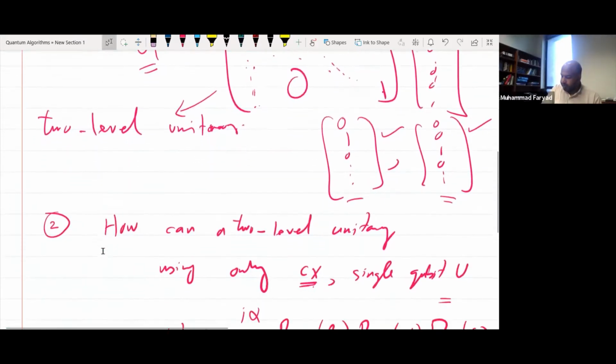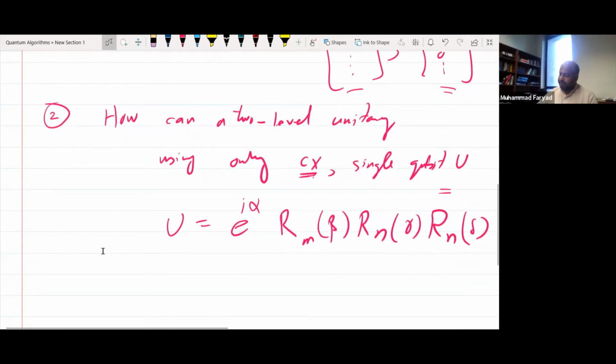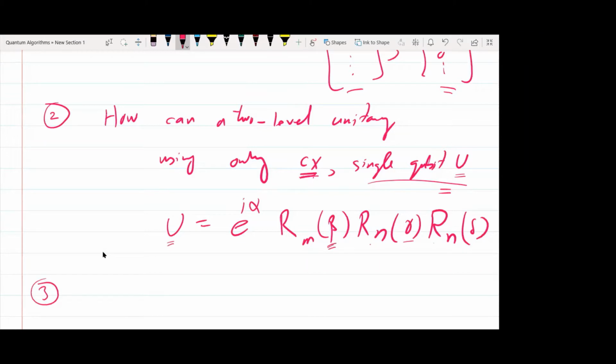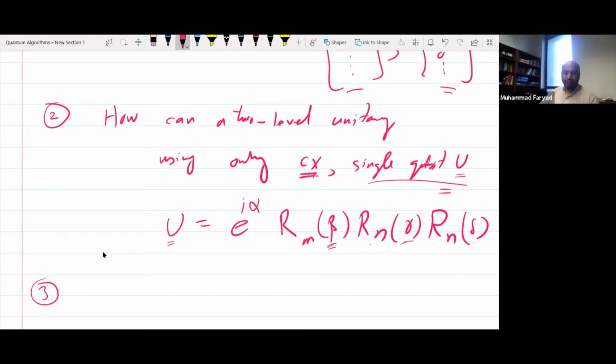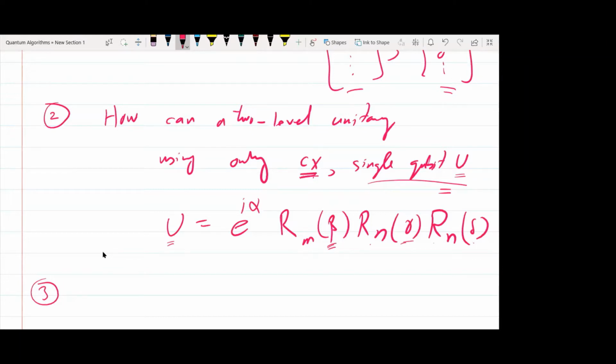All right, so in the second step, we will be able to show that we can implement using single qubit U and 2 qubit CX. Then in the third step, in this single qubit U, we already know that using some values of angles for these rotation matrices, we can represent this U. But these rotation angles were arbitrary. It essentially means that we have an infinite number of gates.